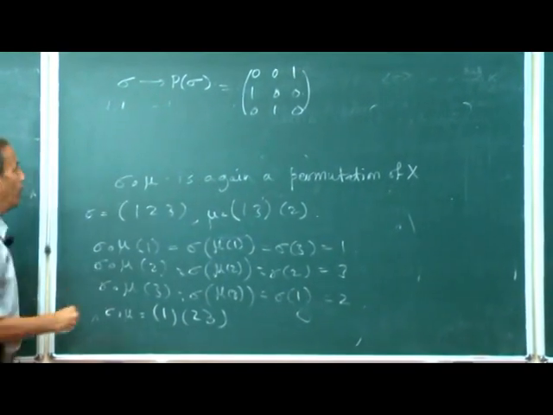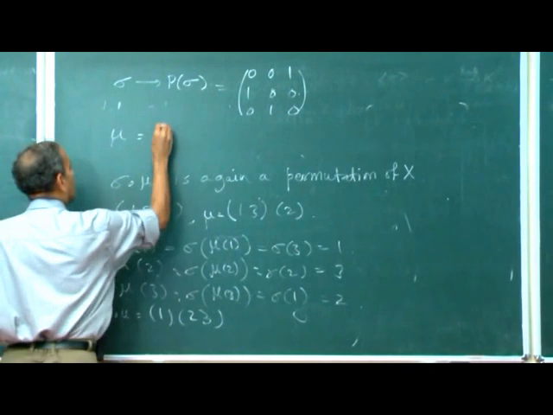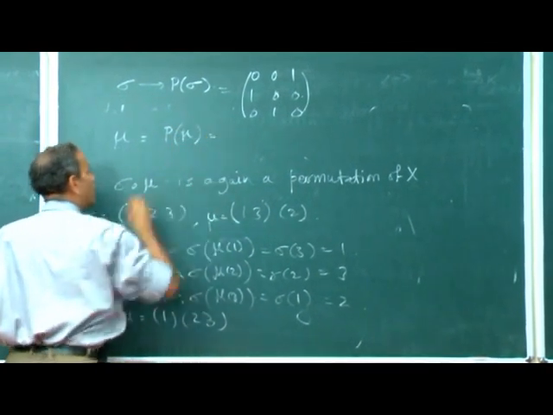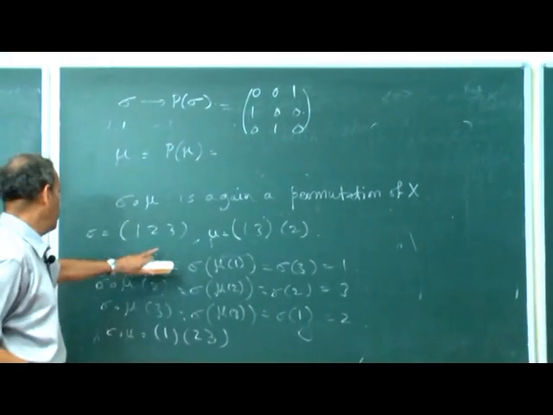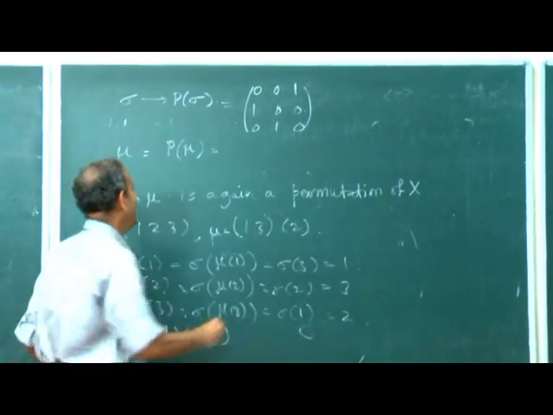So this is P sigma. P mu is where 1 and 3 are interchanged.